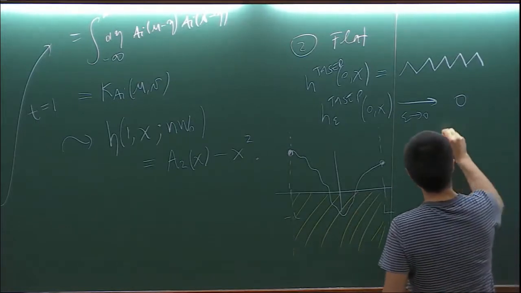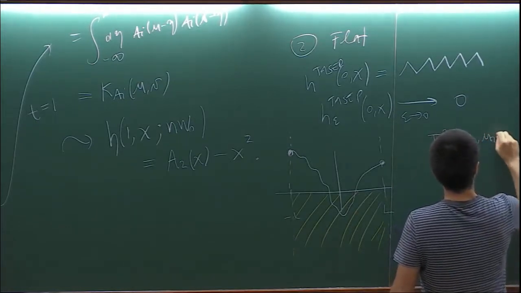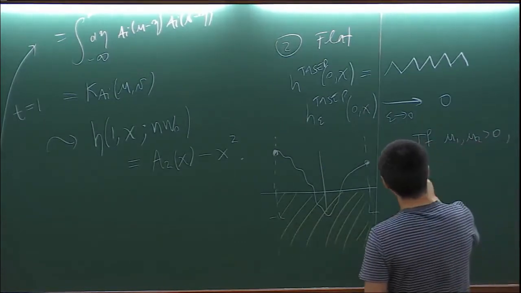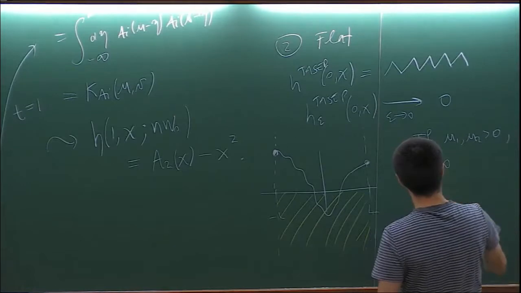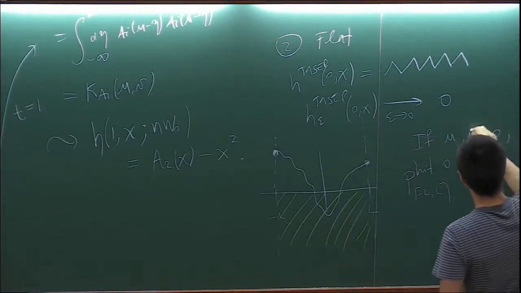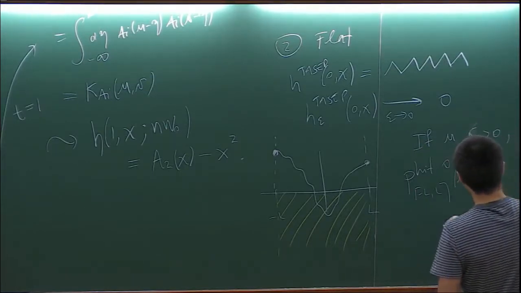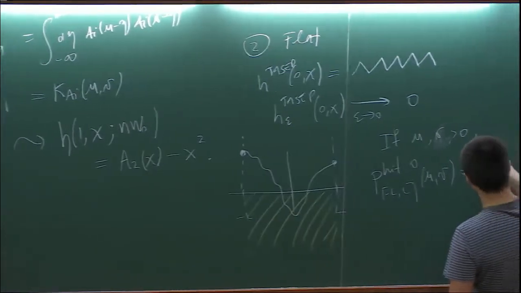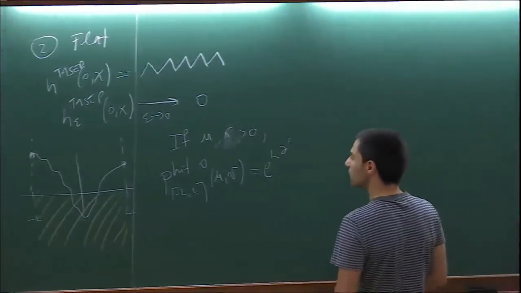So if U1, U2 are positive, then what you get is that this hit probability, P hit 0 minus L, L, so I'll write UV like before, UV, this equals exactly, I'm going to write it just, so there's a little bit more detail in the notes, I think.